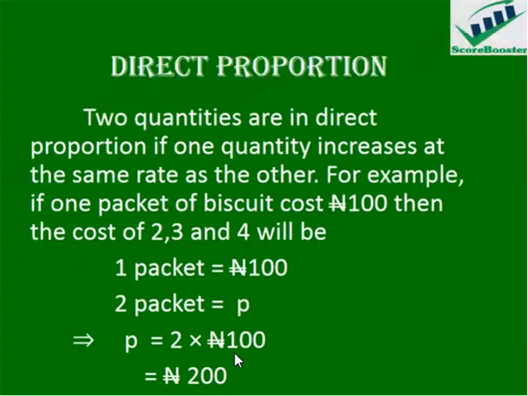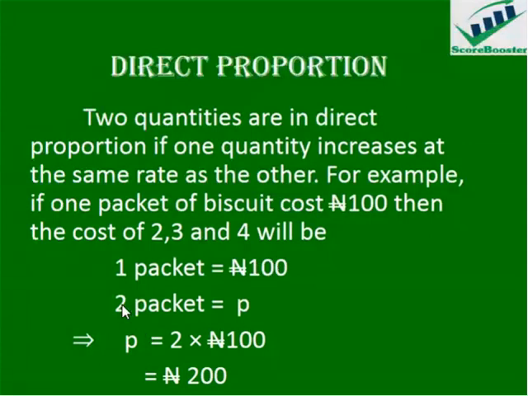So what are we going to do? We cross multiply. And I already taught you how to cross multiply. Whatever we have at the left hand side of the equal to sign in the first statement, we multiply it with what we have at the right hand side of the equal to sign in the second statement. We write down the result equals to what we have at the left hand side of the equal to sign in the second statement multiplied with what we have at the right hand side of the equal to sign of the first statement.